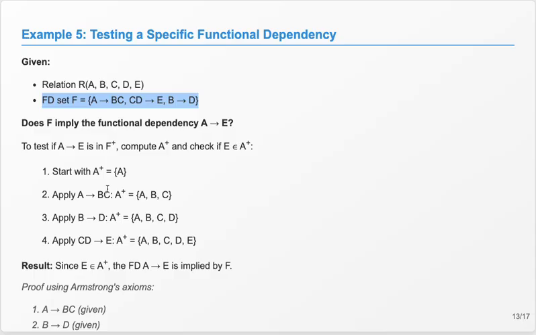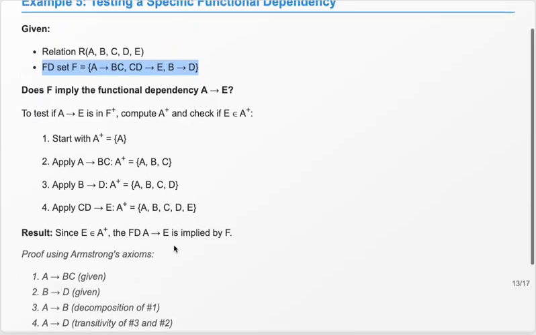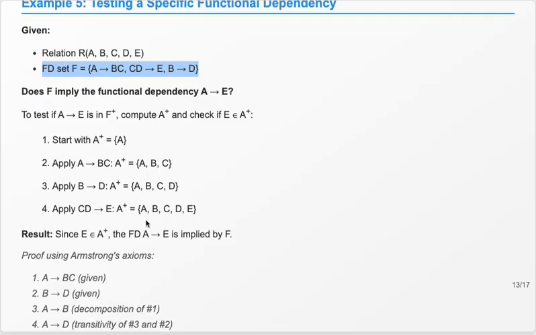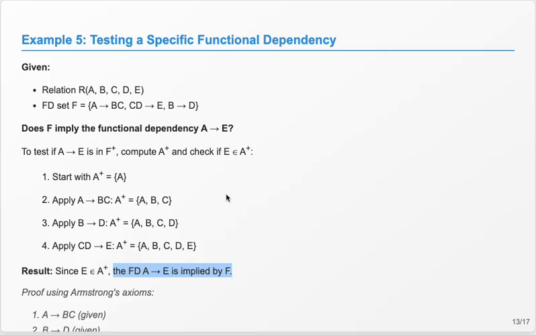So we put BC in here, and we notice that B determines D. We put D in here, and we see that CD determines E, and we can put E in here as well. Since E is in the closure of A, we can conclude that A determines E is actually implied by the original set of functional dependencies.